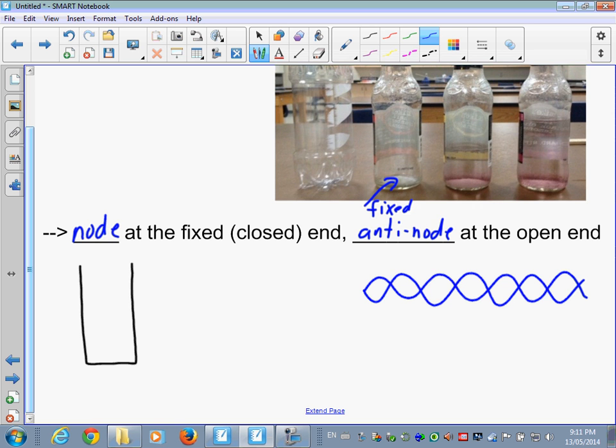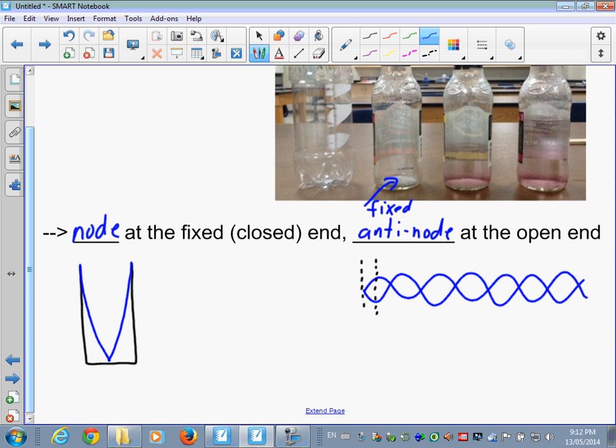So the way this is going to work is you have to start with a fixed end. So let's start right from the very, very beginning. There's your fixed end. And the fundamental frequency is going to occur at the first open end, which is only right over here. So what that diagram will look like is open at the top and closed at the bottom.